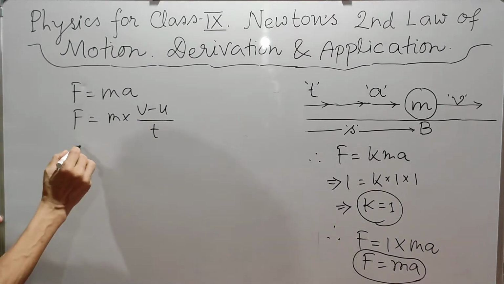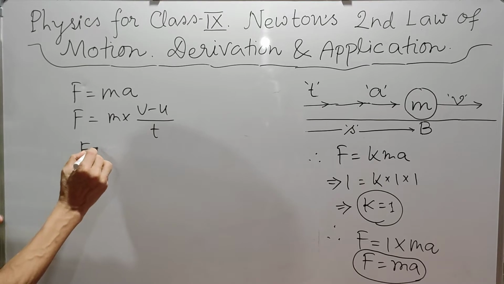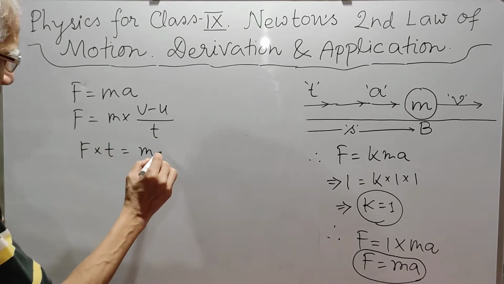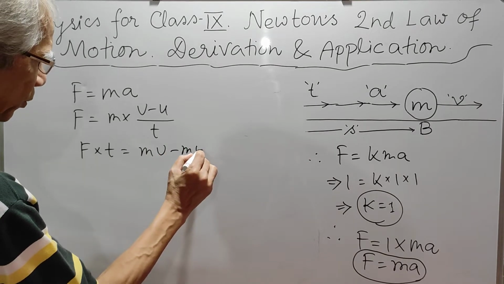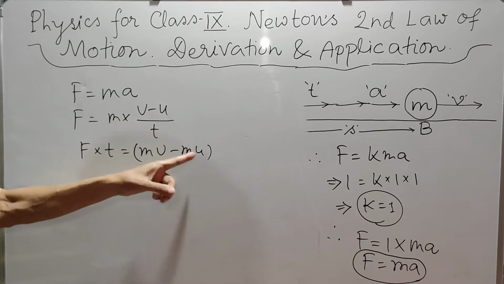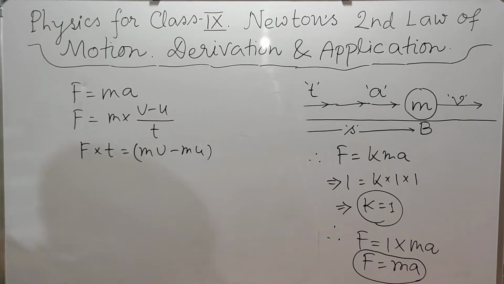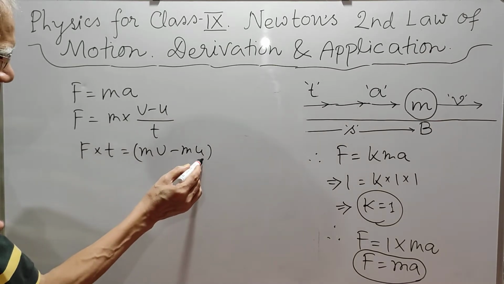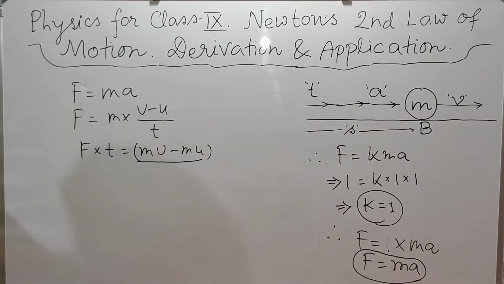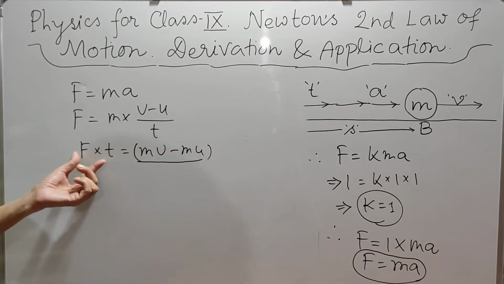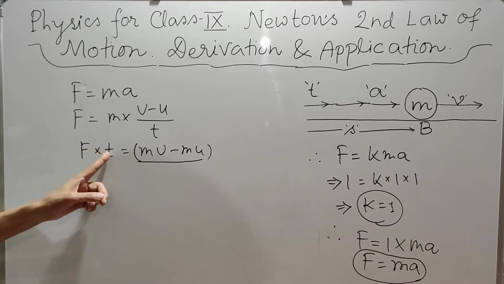So by cross multiplying, what you get? F into t equal to mv minus mu. Now you see, this is the formula for change in momentum. So mv minus mu is the change in momentum. Now change in momentum equal to F into t, that is force into time.